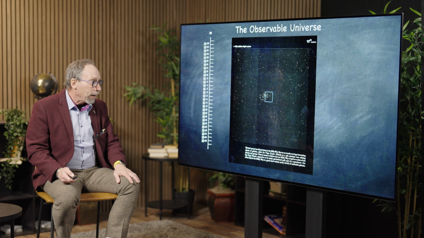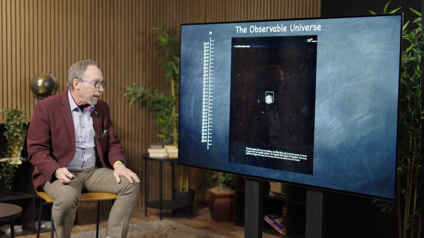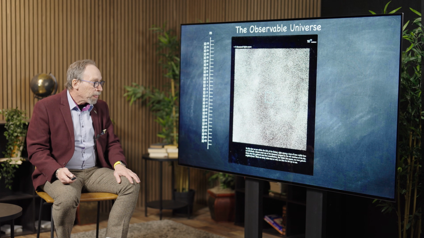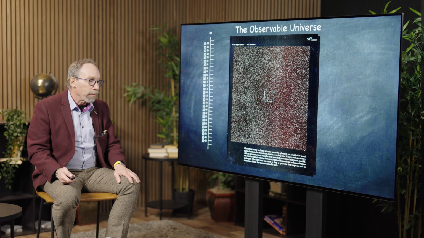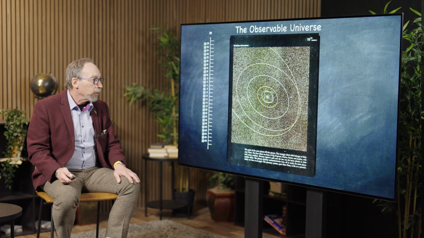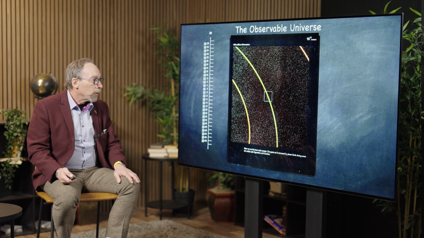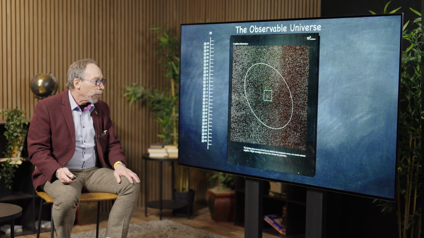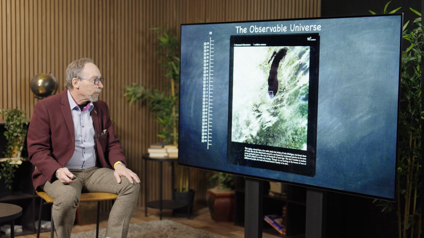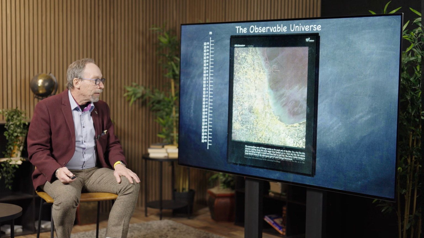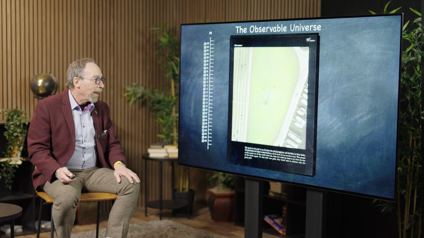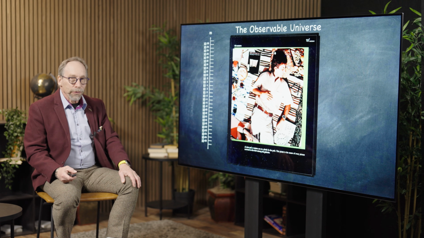Now, I want to go back. With each click, I'm going 10 times closer to the Earth than I was before. And with 24 clicks, we'll get from the largest scale of the universe back to our familiar surroundings of the solar system, and the Earth and the moon, and the Earth itself, and Chicago, and the city, and slowly the human structures, and the man sleeping in the park in Chicago.